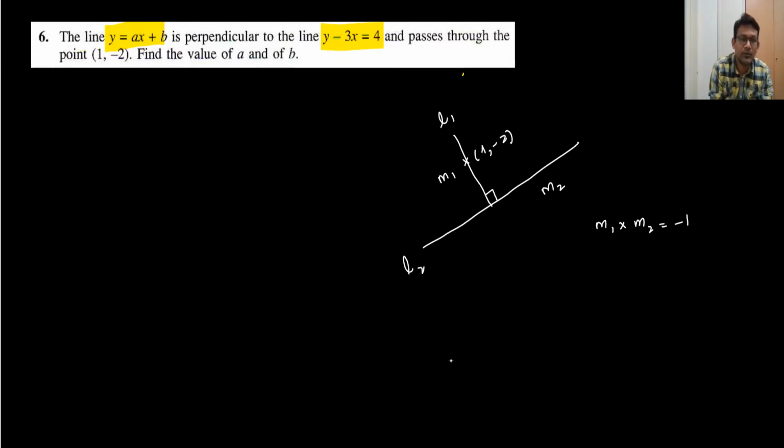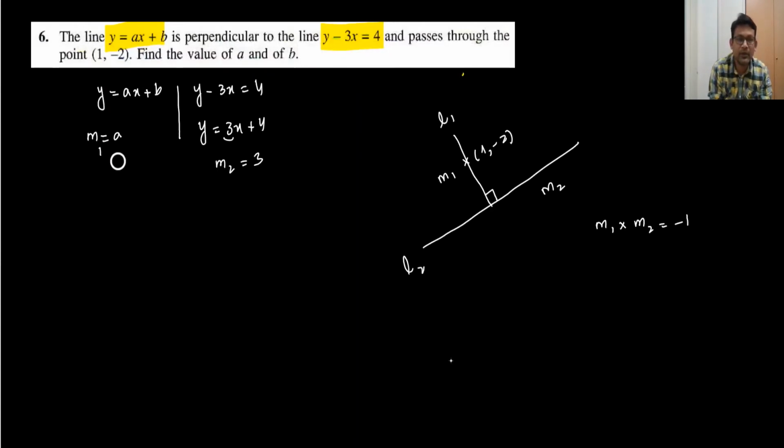From the first equation, y = ax + b, the gradient is a, which is m1. And when you observe the second equation, y - 3x = 4, you can write y = 3x + 4, in which the gradient is 3.